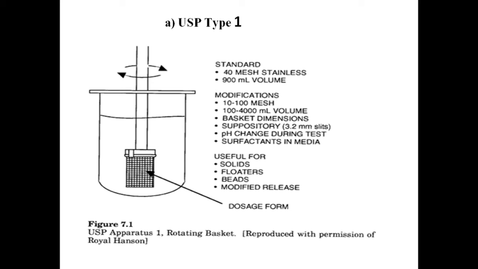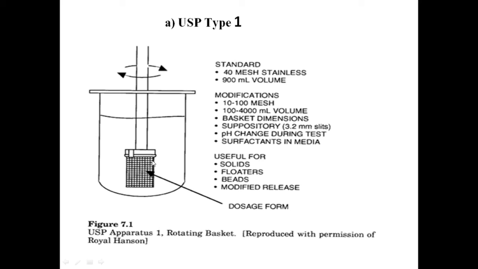USP type 1. This apparatus, shown in figure 7.1, consists of a covered vessel of specified shape and dimension and capacity of 1000 ml.